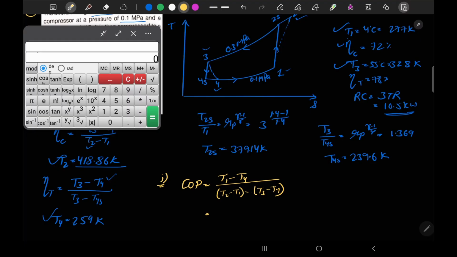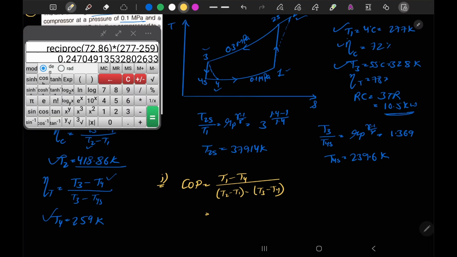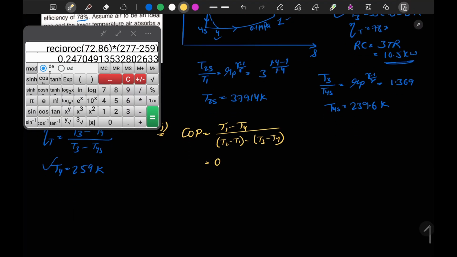T2 is 418.86 minus T1, that is 277, minus T3, that is 328, plus T4, 259, so we obtained the value 72. Now we will inverse this and multiply it by T1 minus T4. T1 value is 277 minus T4 value 259, so we have obtained COP is equal to 0.247. Okay, so this is our COP.